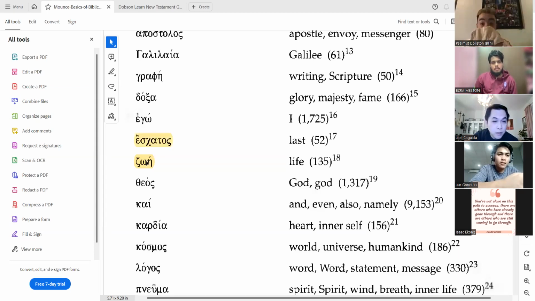Eschatos. Eschatos, good. So this is a smooth breathing, so you do not pronounce the H. It's simply E, simply epsilon. And then June, this one.